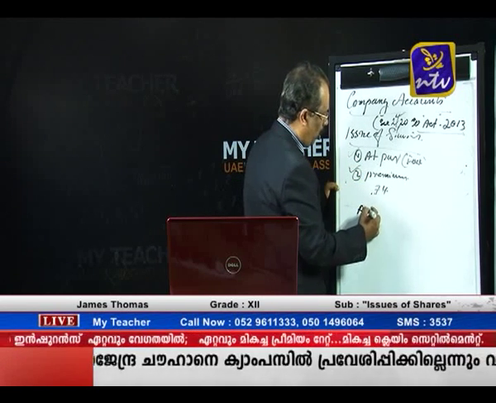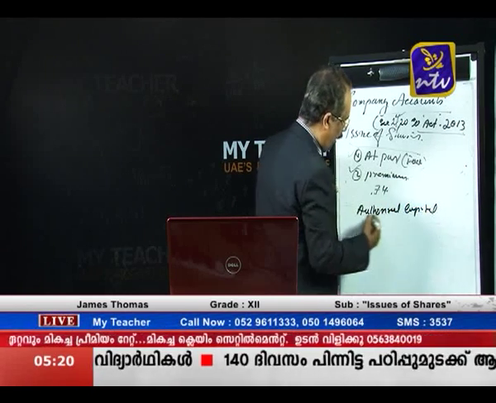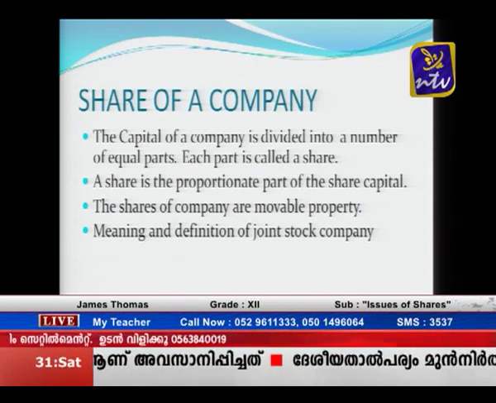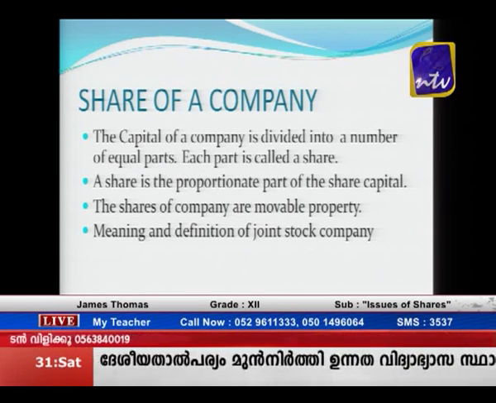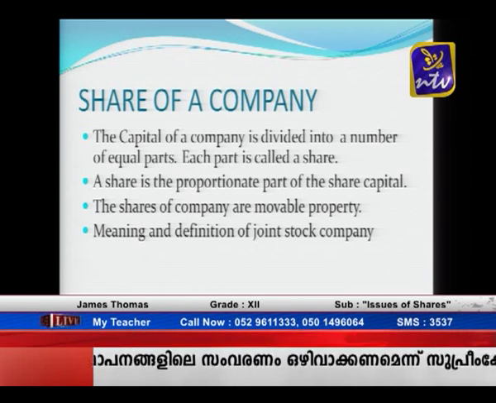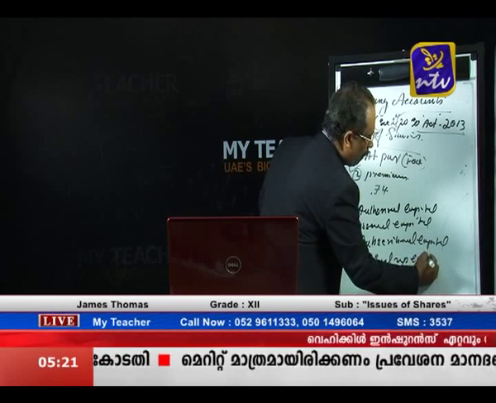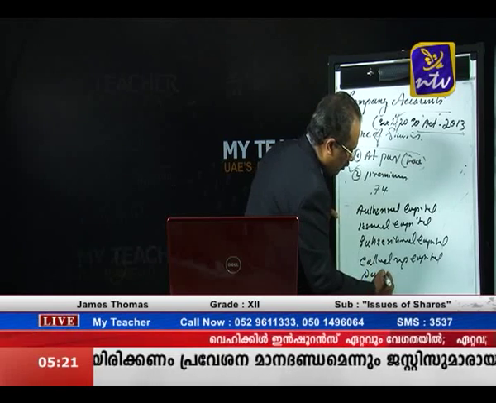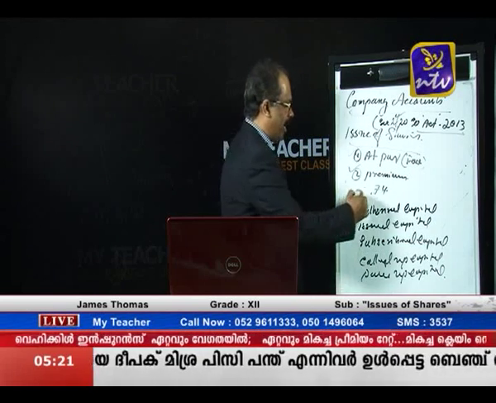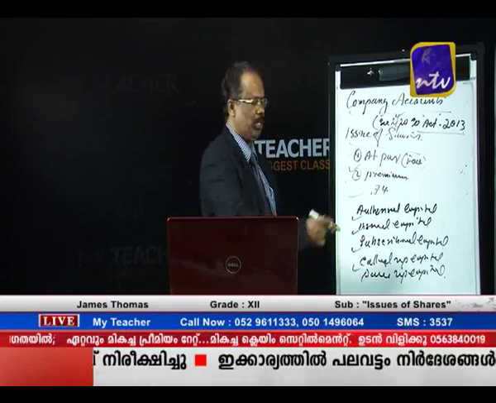That means authorized capital, and number 2, issued capital, and next is subscribed capital, and next is called up capital, and the last one is paid up capital. So this is the capital structure of the company. Here you know that this is all a simple thing.